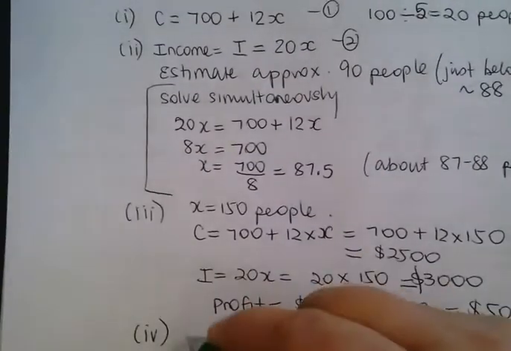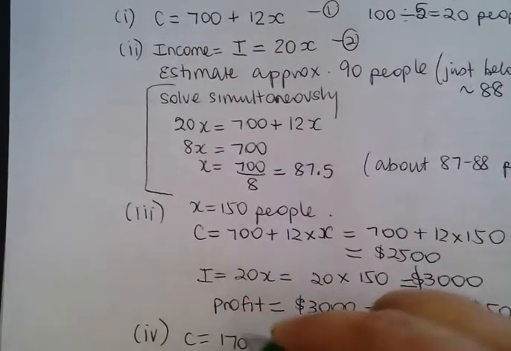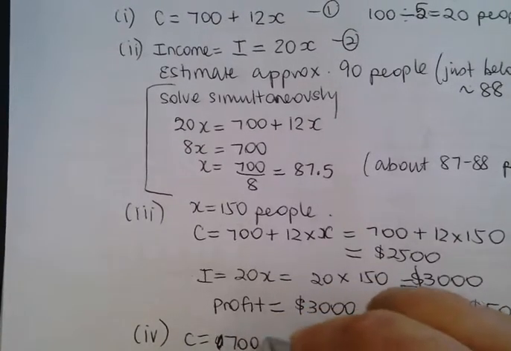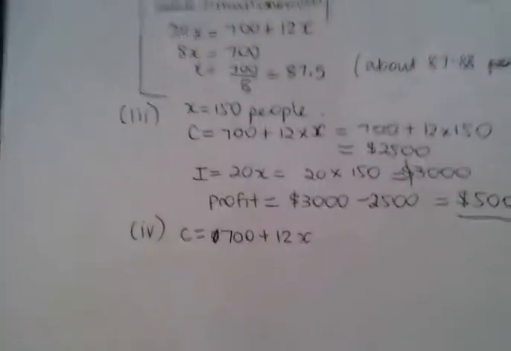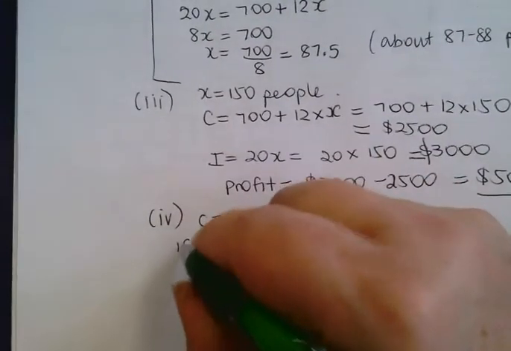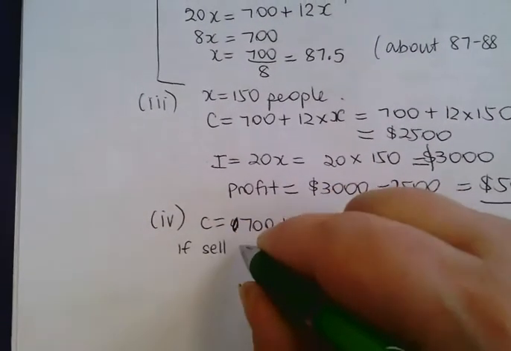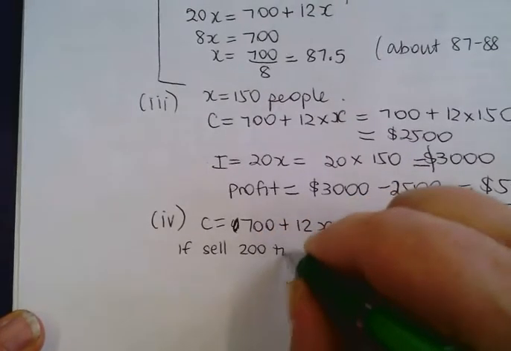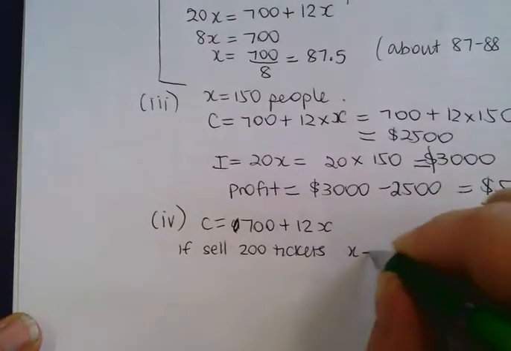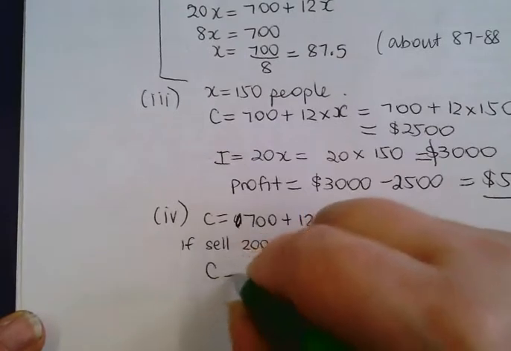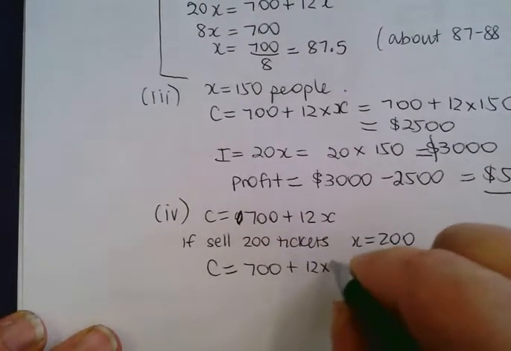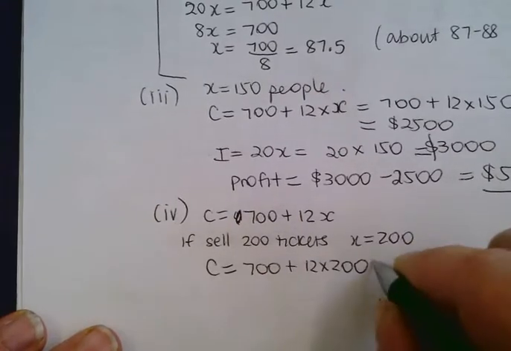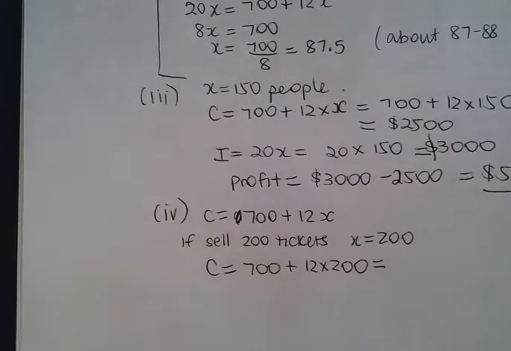So the cost is 700 plus 12 times x. Now, if they sell 200 tickets, that means X is 200. We can work out their costs. Will be 700 plus 12 times 200.